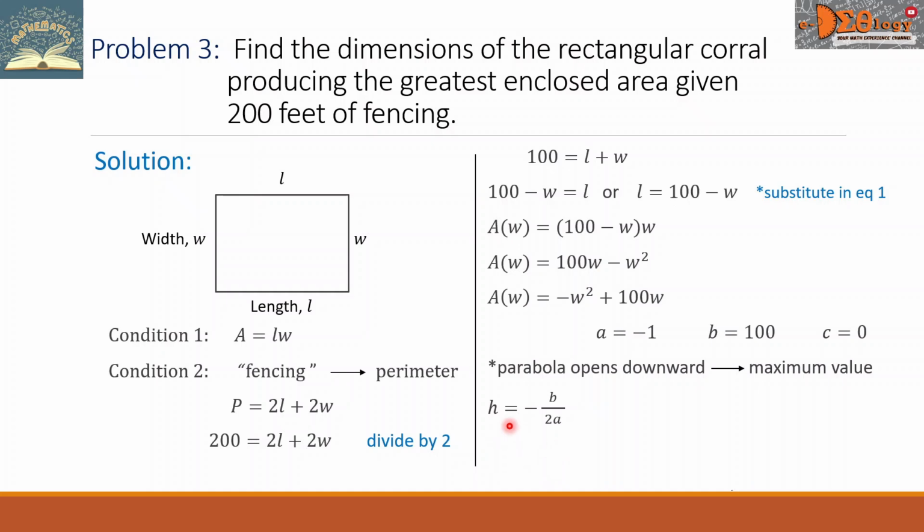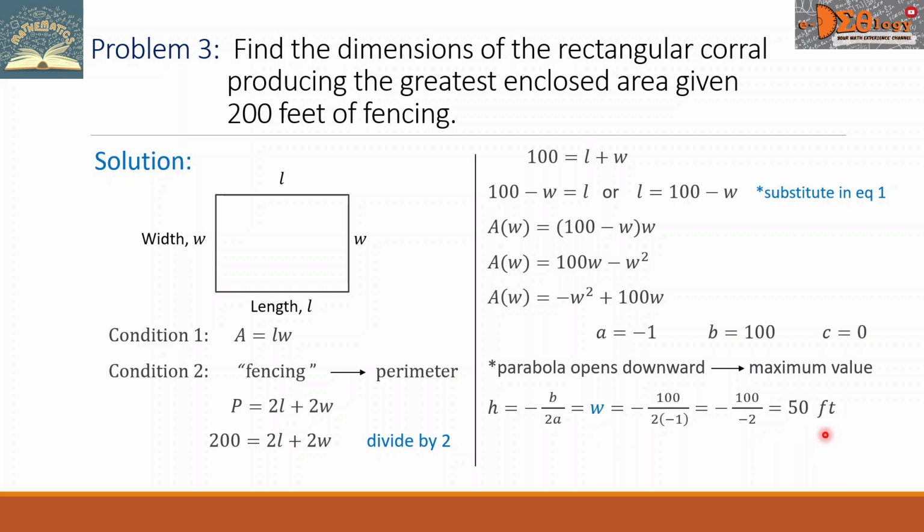With this formula, this is the value for W. Substituting now, we have negative of 100 over 2 times negative 1. In the denominator, it is simplified as -2, then negative of 100 divided by -2. We get 50. This is the width, and the unit is feet.